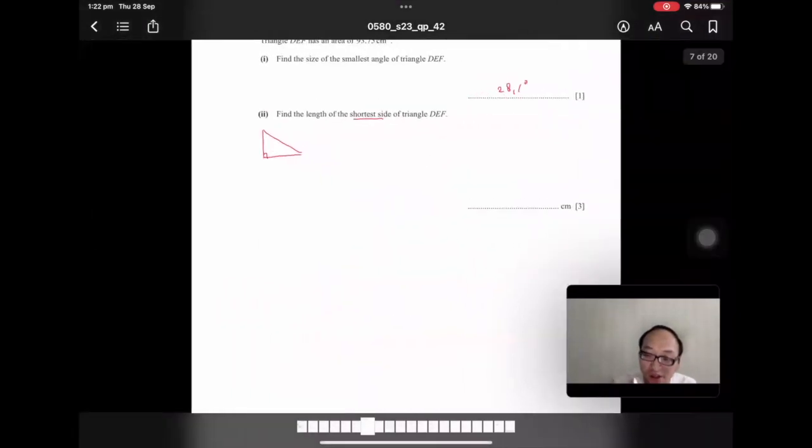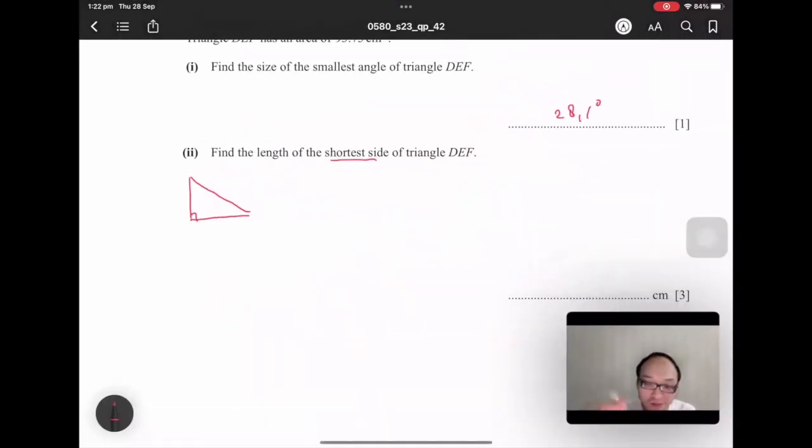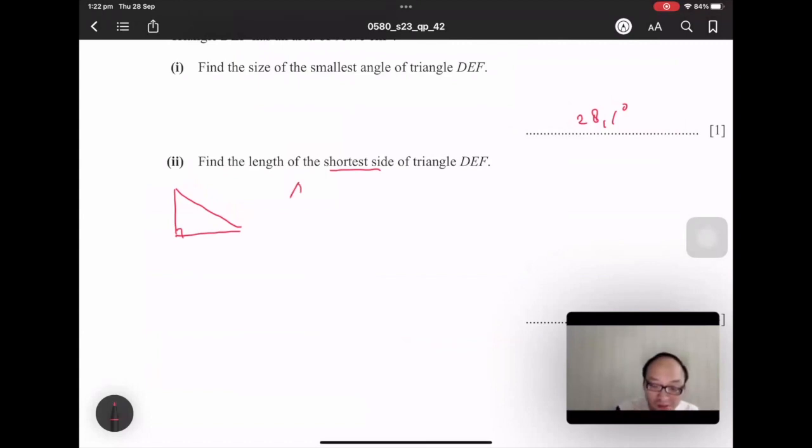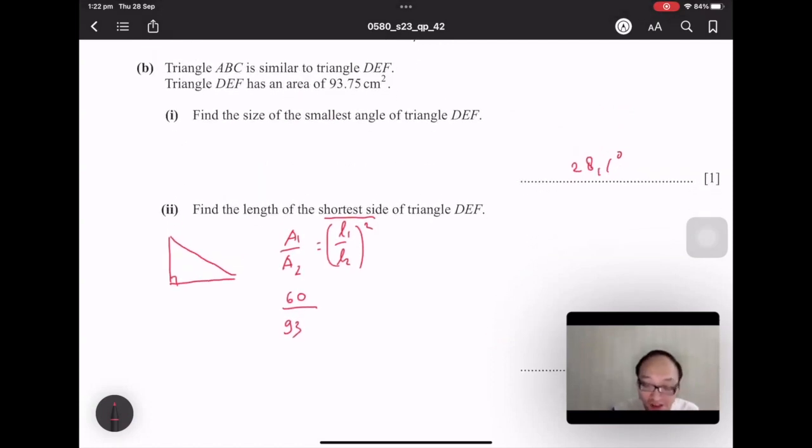So we can find the ratio from the area. Square, yeah? Area of the similar figures will be equal to the ratio square. So the area is 60 for ABC and 93.75 for DEF. The length of ABC, the shortest is 8, and the shortest of DEF is L2.